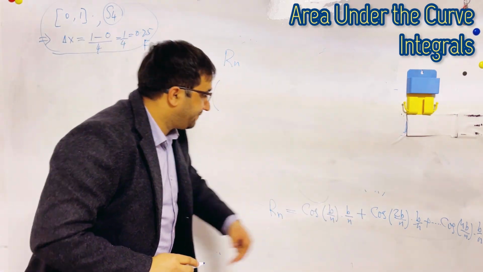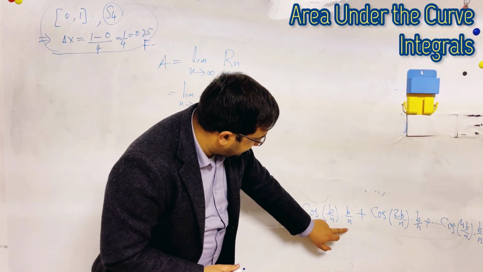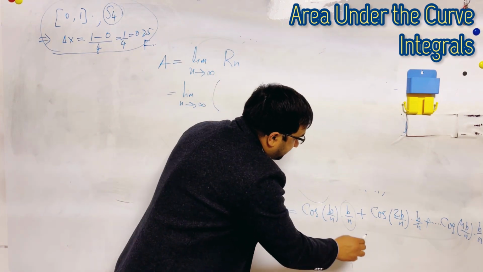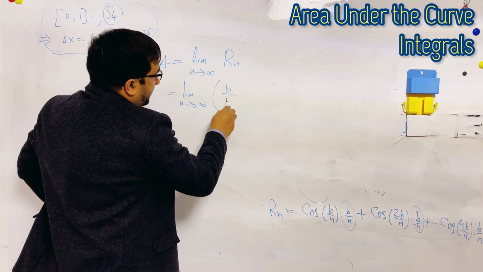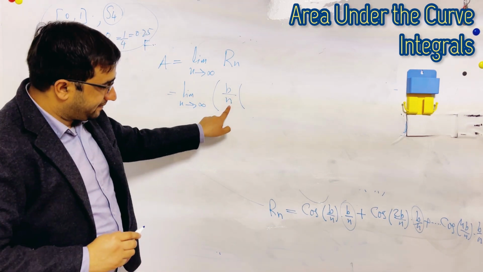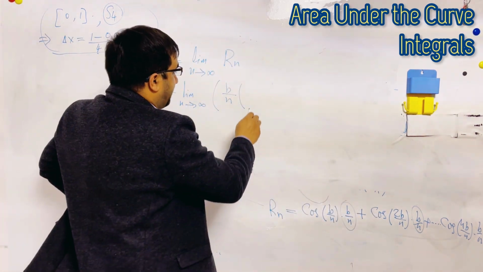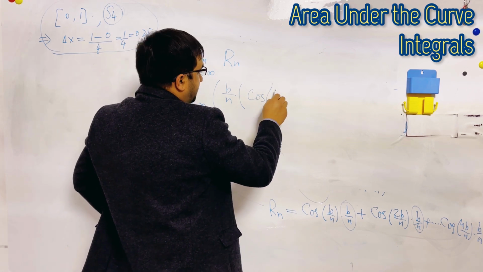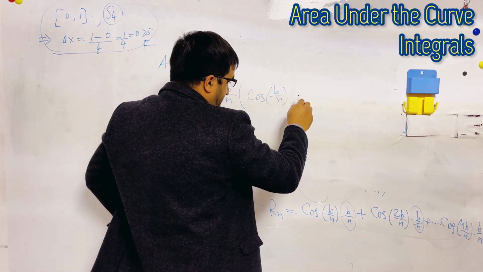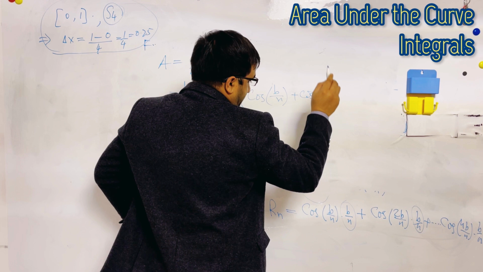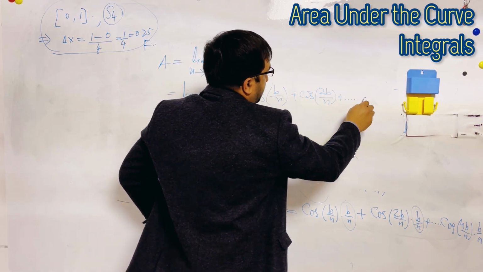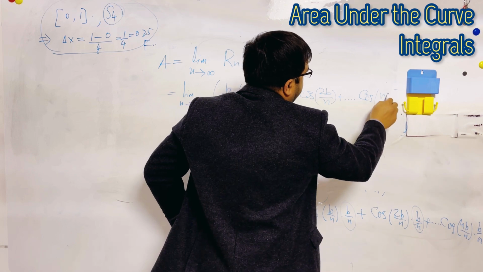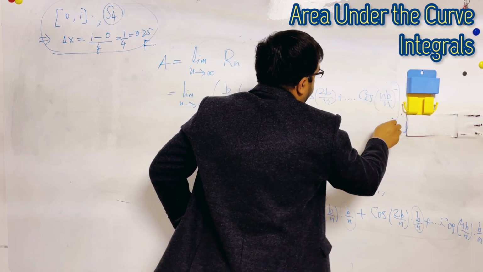Rn is this expression, and in it one thing is common, so you can pick it up outside. So b over n is outside as a common factor. Now inside I have cos of b over n plus cos of 2b over n plus so on, and the final term is cos of nb over n.